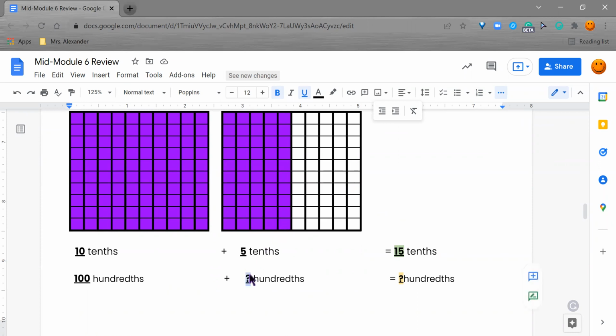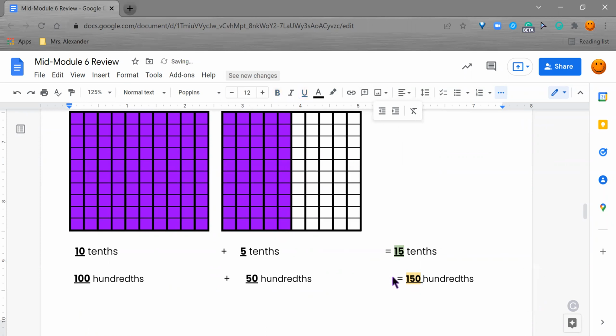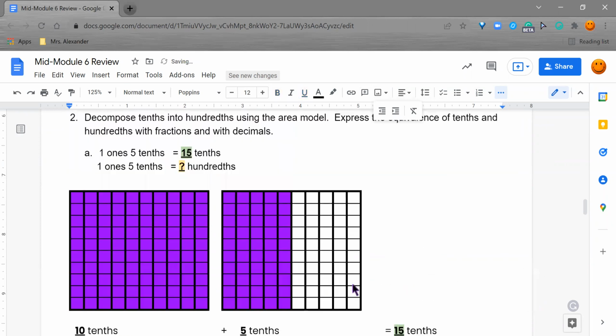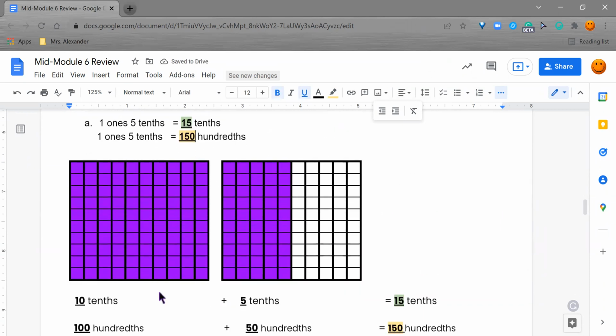So right here, I'm going to write 50. And 100 plus 50 is, yes, 150. I'm going to move this over a little, and then right here, write my 150. There we go. And that is how you do this one.